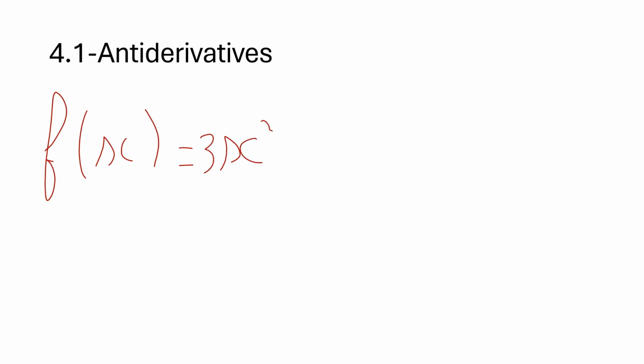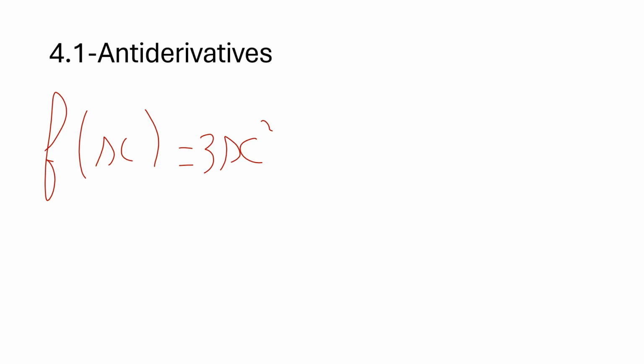So to illustrate that, let's say that we have the function f of x equals 3x squared. And we want to find what was the original function that we had before having 3x squared.